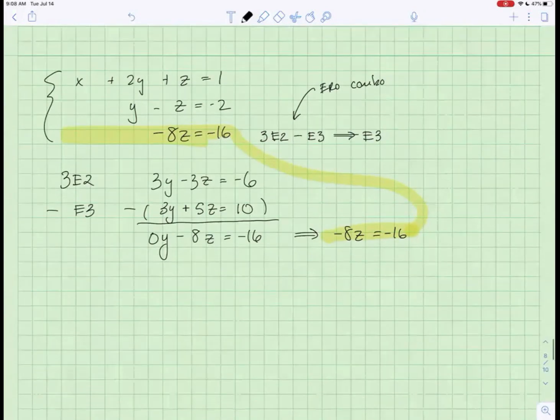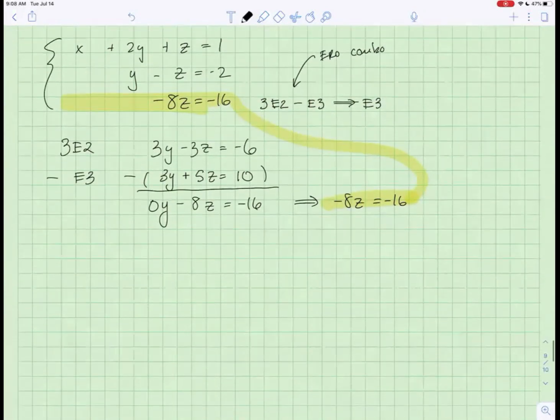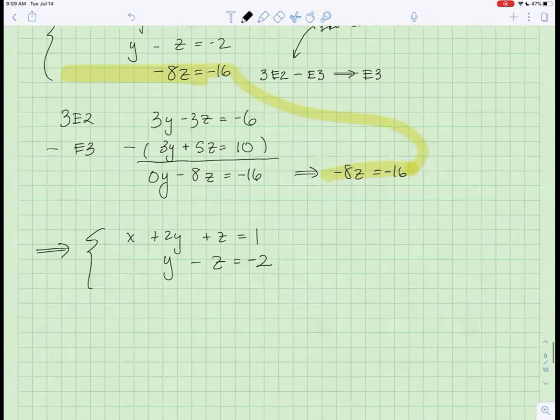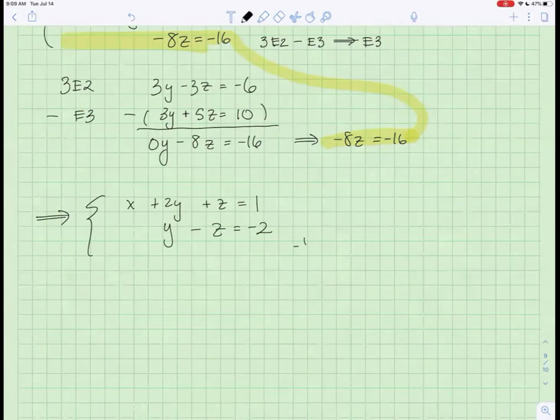And so I'm now going to rewrite my system. This is x plus 2y plus z is equal to 1. Y minus z is equal to -2. And then what I'm going to do is I'm going to do -1/8 of equation 3 and make it my new equation 3. So that'll give me z is equal to 2.